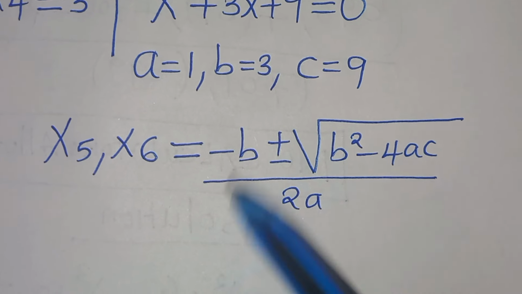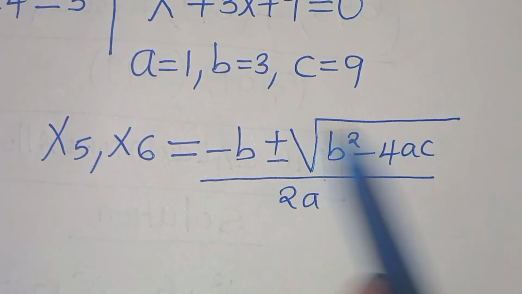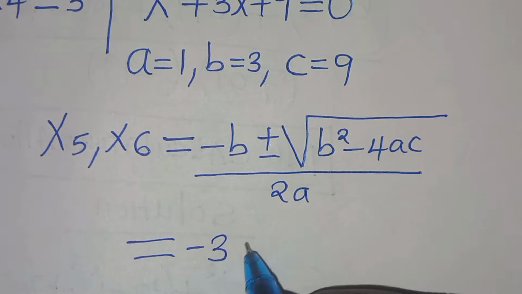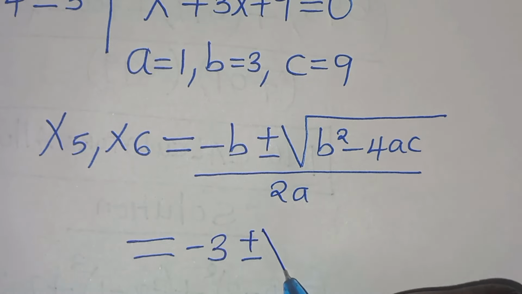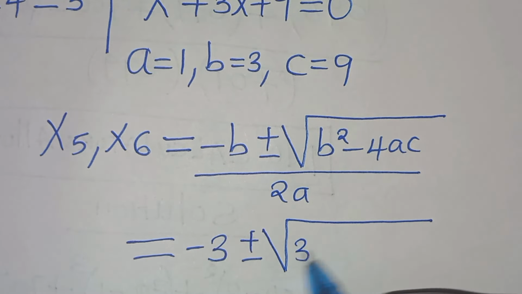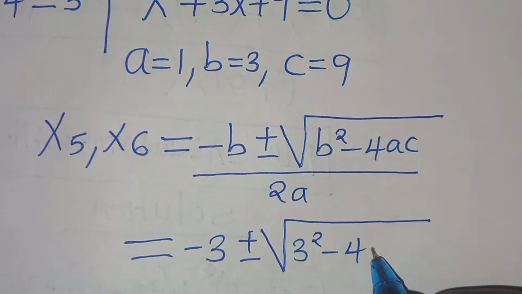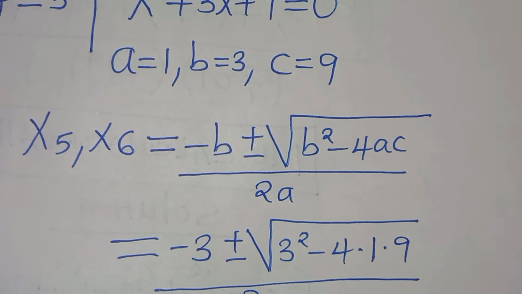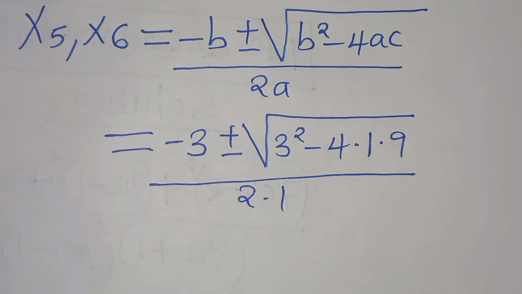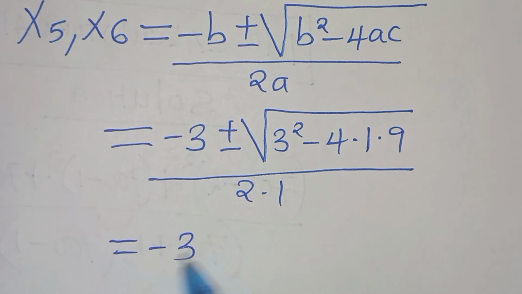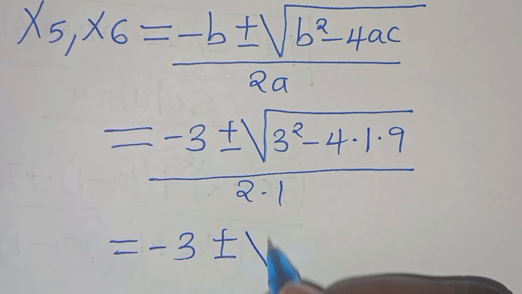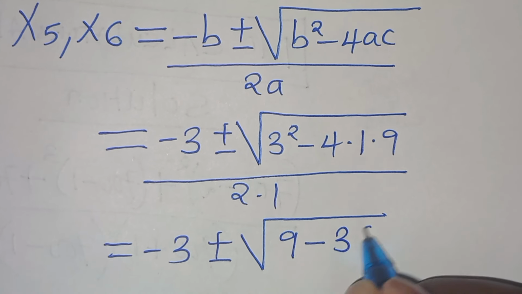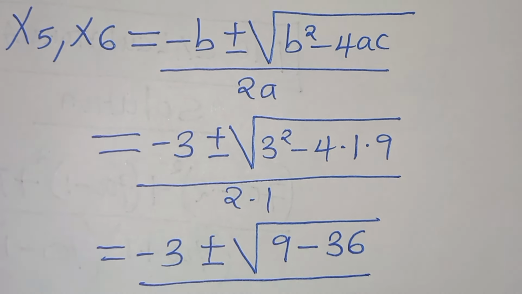Now let's substitute the values of a, b, and c into this formula here, so that we have minus 3 plus or minus the square root of 3 squared minus 4 times a, which is 1, times c, which is 9, everything here divided by 2 times 1. So here we have minus 3 plus or minus the square root of 3 squared, which is 9, minus 4 times 9, which is 36, everything here divided by 2.